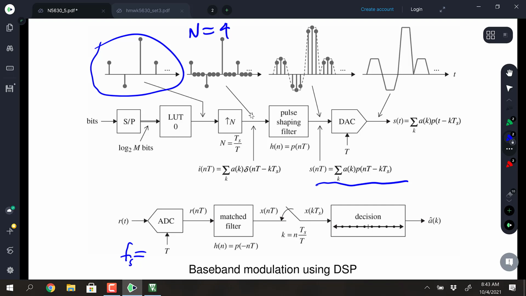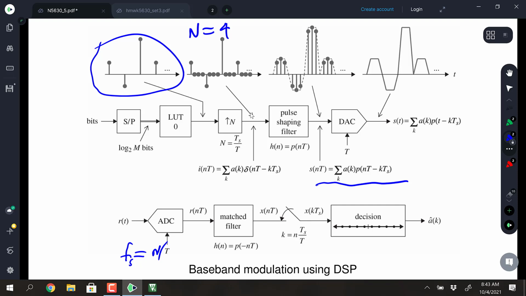What should I make it be? It should be N over T. So N times the symbol rate, right? So 1 over T is the baud rate or symbol rate, and N times it would bring it back.